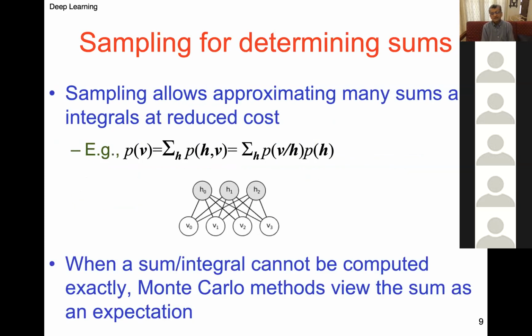This kind of summation occurs often in machine learning. This is a very simple case of a restricted Boltzmann machine, where the marginal distribution over the visible values can be written as the marginalization of the joint distribution, the summation of P of h comma v. You have a joint distribution determined by the weights. In an RBM, the W's are all known after you finish training it. If you're asking the question, for a given image as input, where v is the visible values, what is the probability of this?